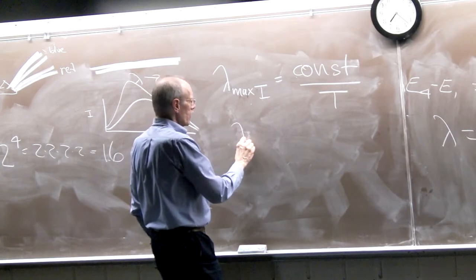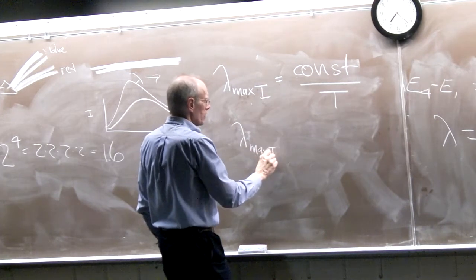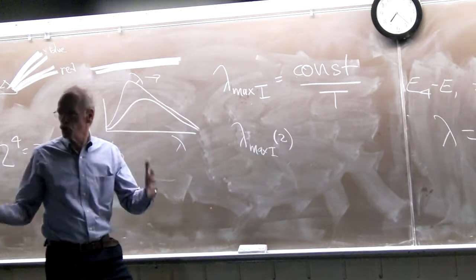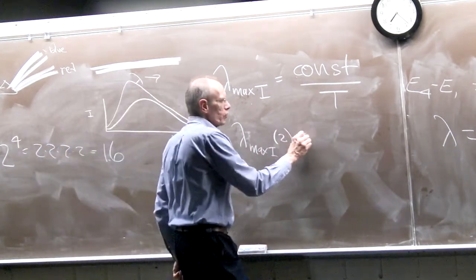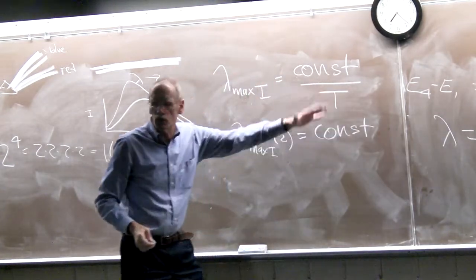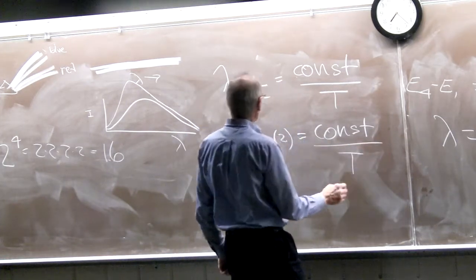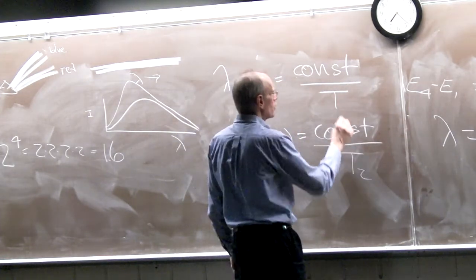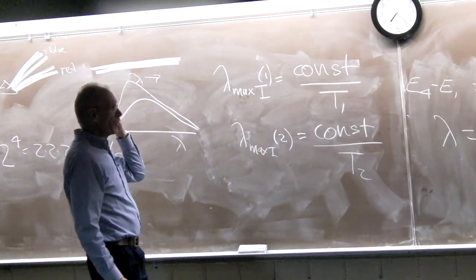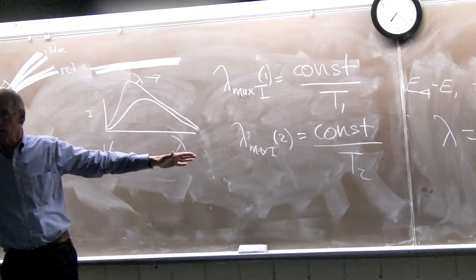The wavelength of maximum intensity in this new number 2 star is equal to the same constant. I can give you the number, but you don't need it to do the arithmetic. Divided by this new temperature. And so how does the new wavelength compare to the old? You can see we can go through the arithmetic.